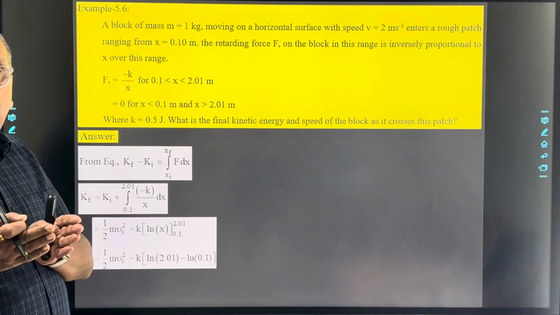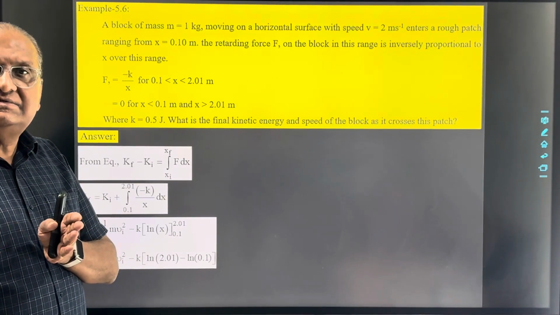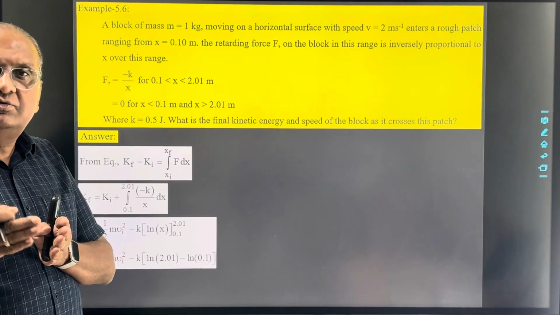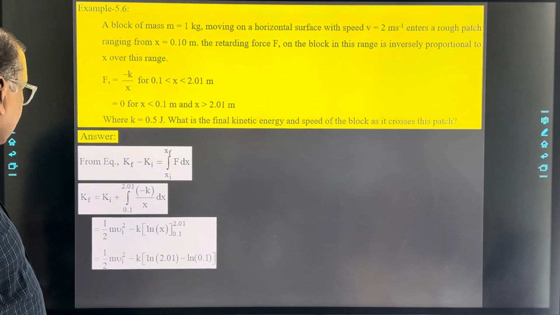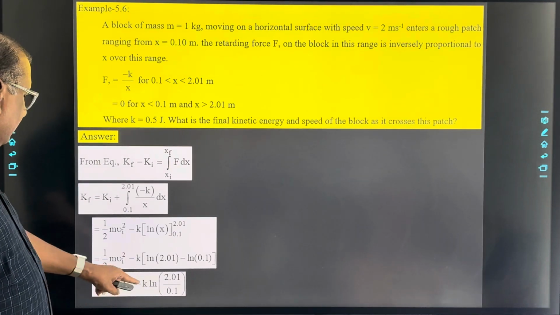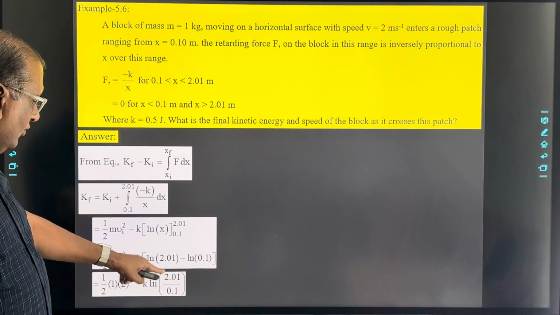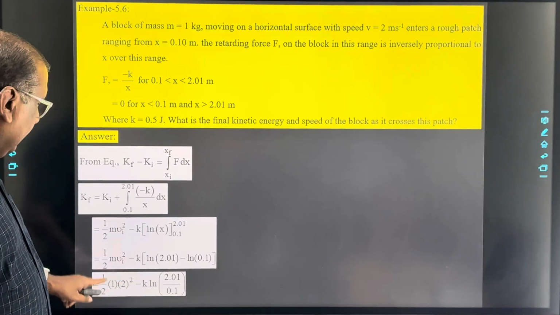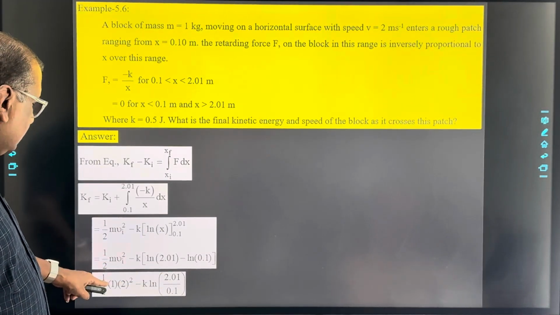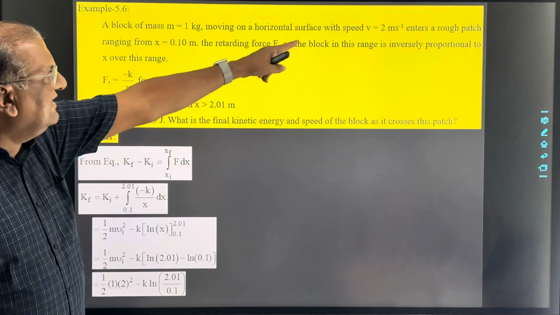But log x minus log y is equal to log x upon y. So we can write now here minus k ln 2.01 upon 0.1, and here substitute mass m equal to 1 kilogram and vi that is 2 meter per second.